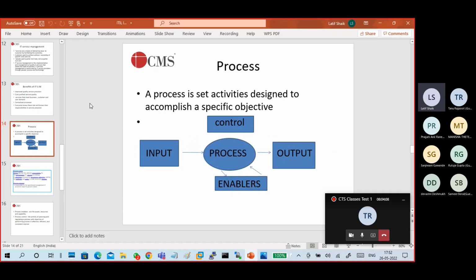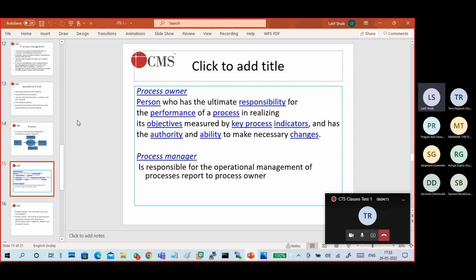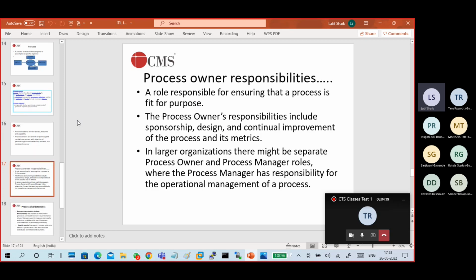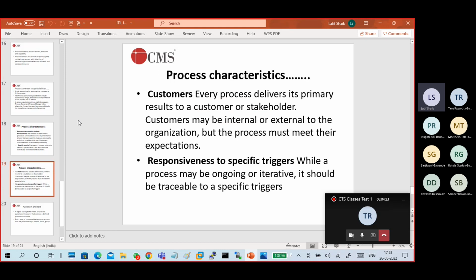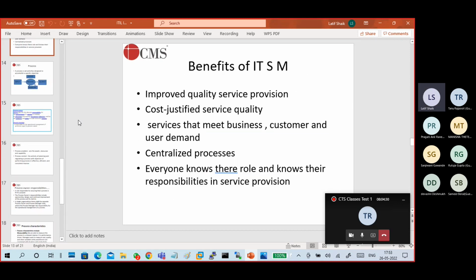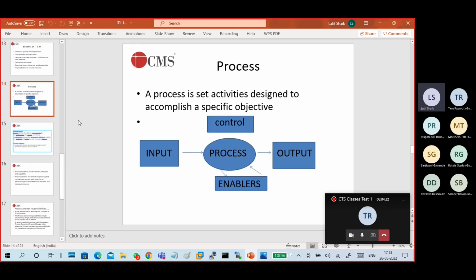A process is a set of activities designed to accomplish a specific objective. A process contains a process owner, process manager, process enablers, and process controllers. Process owner responsibilities, characteristics, functions, and the RACI model are also there. If you start a project, it goes by process. Who will handle this entire process? Inputs are given.